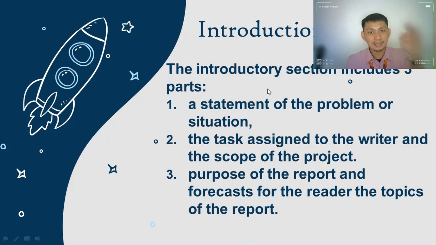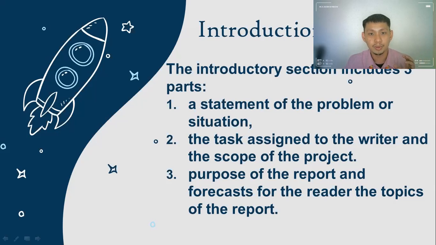Next, these are the three things that I want you to put in your introduction. When you are writing an intro: one, a statement of the problem or situation. Two, the task assigned to the writer and the scope of the project. And number three, the purpose of the report, and a forecast for the reader of the topics of the report. So again, let me repeat.